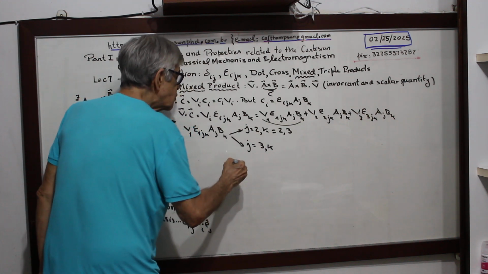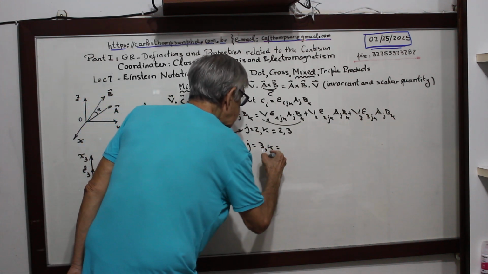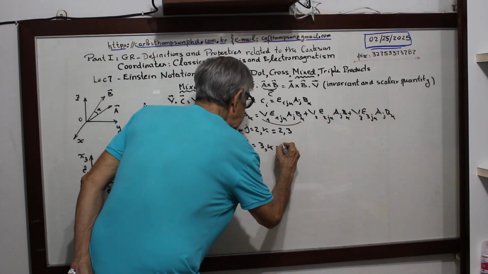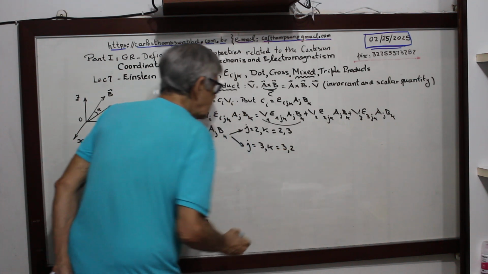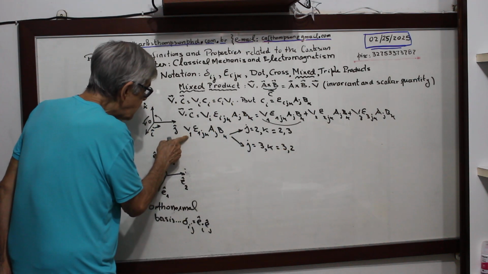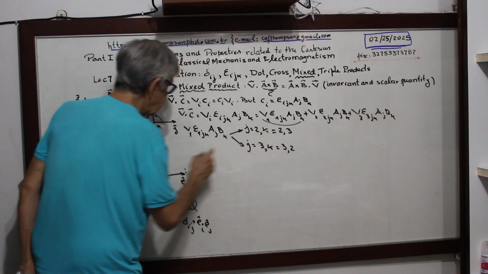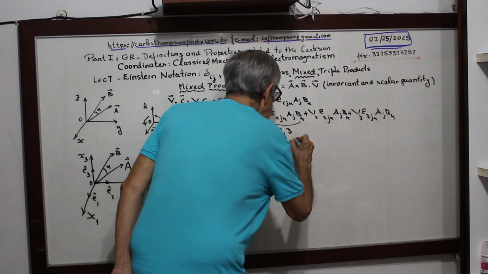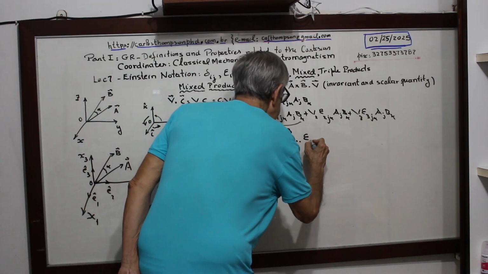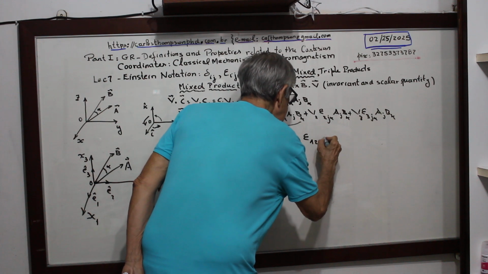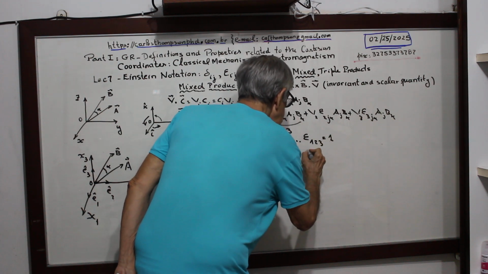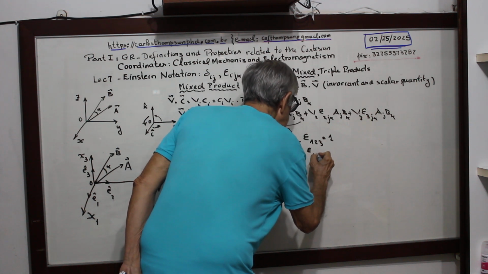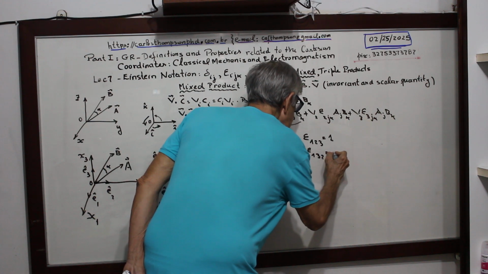And also this k will be 2 in the other case, so 1, 3, 2. Recall that epsilon_123 is equal to 1, and epsilon_132 is equal to minus 1.